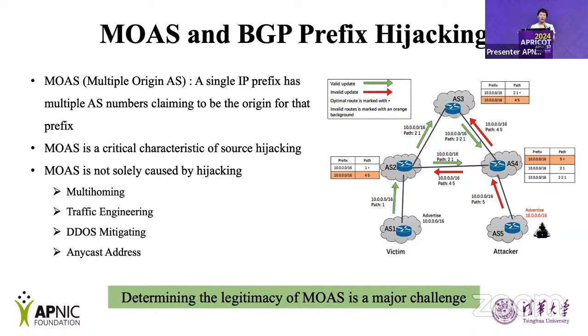But unfortunately, MOAS isn't only caused by hijacking. There are many other issues that will also cause MOAS, such as multi-homing, traffic engineering, DDoS mitigation, and anycast addresses. So determining the legitimacy of MOAS is a major challenge now.